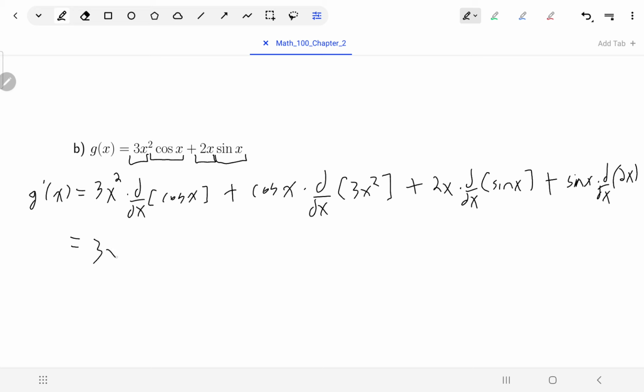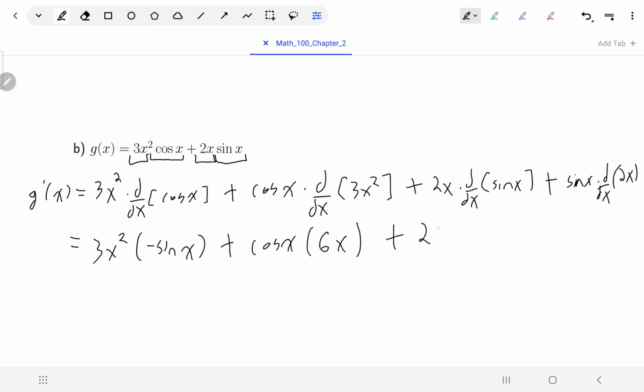First one being the derivative of cosine, and the derivative of cosine is negative sine of x. The next one, we've got the derivative of 3x squared using my power rule. The 2 comes down in front. 3 times 2 would be 6, and when I reduce my power by 1, 2 minus 1 is 1. So 6x is the derivative of 3x squared.